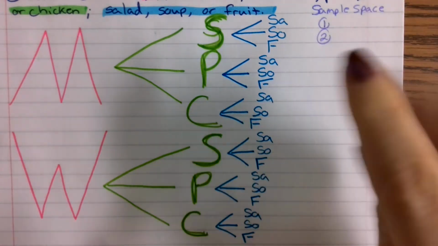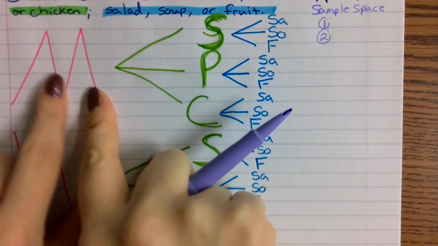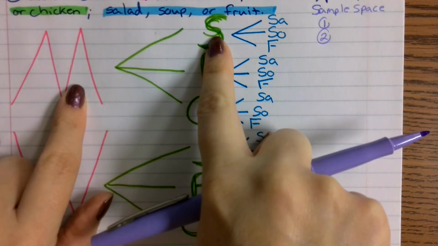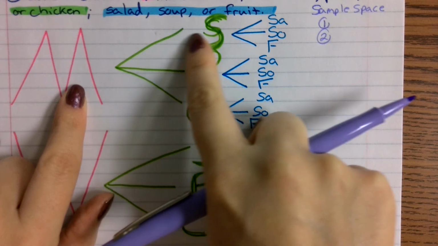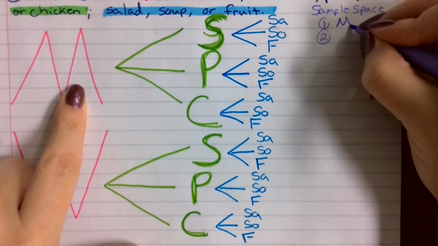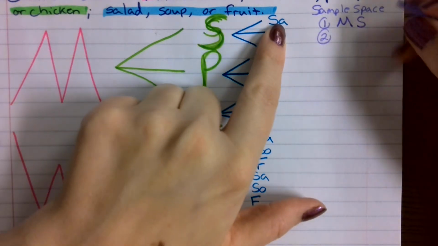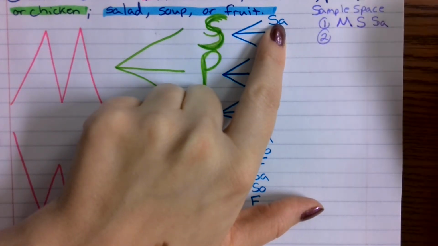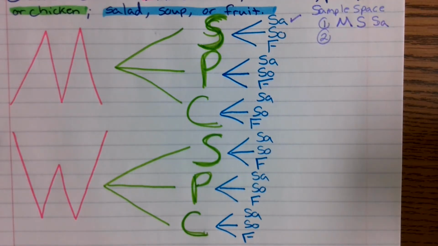Okay, so my first possible outcome is choosing milk with a sandwich and a salad. Notice that I'm just following my branches up. So milk, sandwich, salad. Now, because I'm done with that choice, I'm going to go ahead and put a check mark by it so I know not to choose it again.